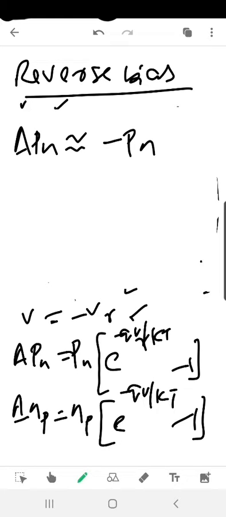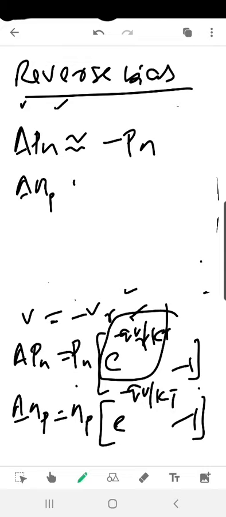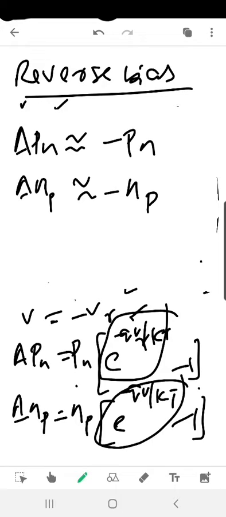Why? Because this term will become 0, and Pn into minus 1 will become minus Pn. And similarly, delta Np will be approximately equal to minus Np, because this term will become 0 and Np into minus 1 becomes minus Np. So this will be our change in concentration.